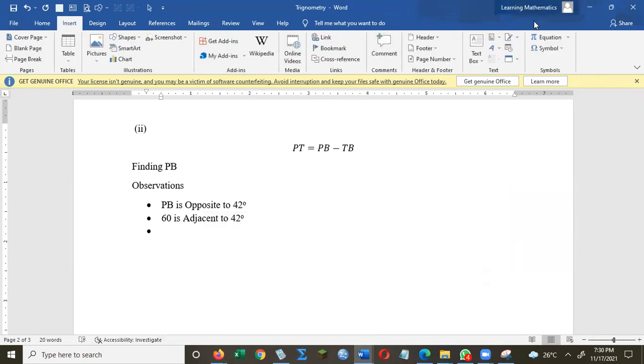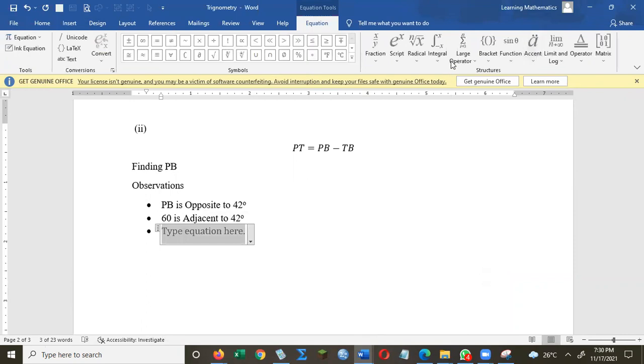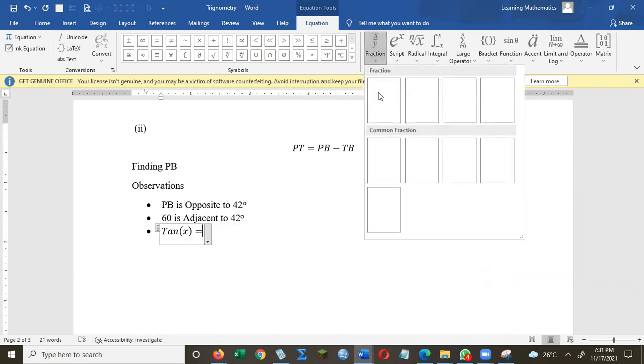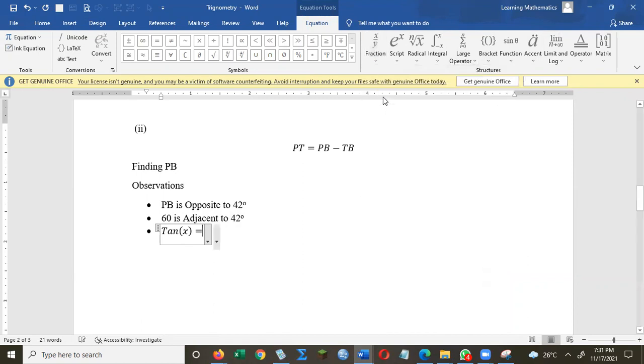So you write that down, tan. Tan of the angle is equal to opposite over adjacent. That's why they call it TOA.